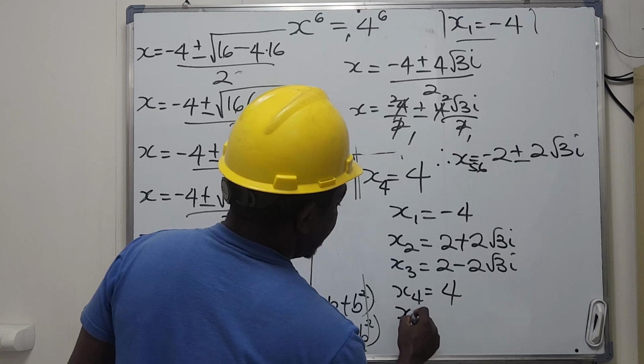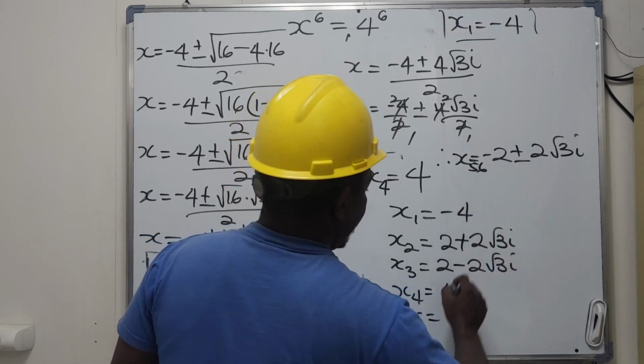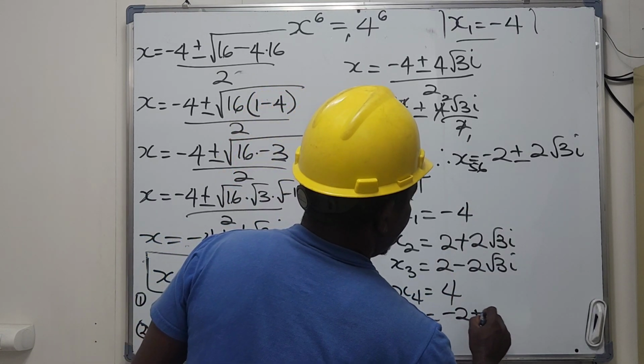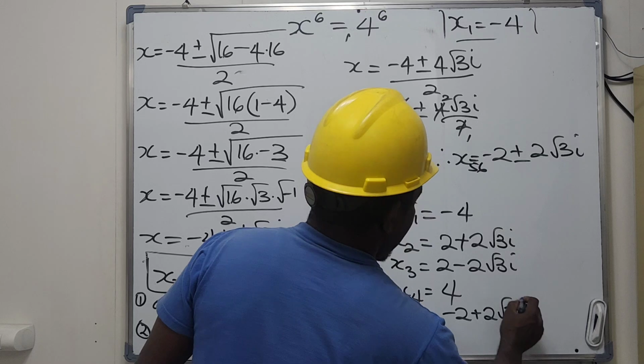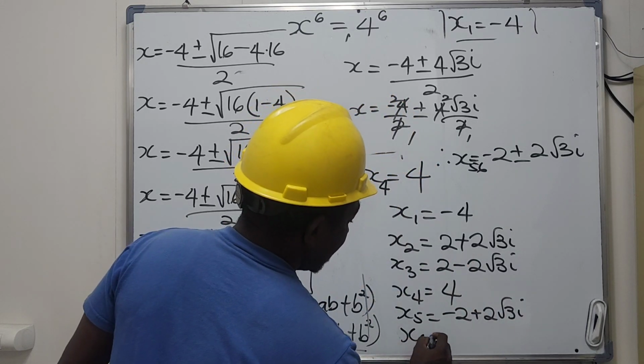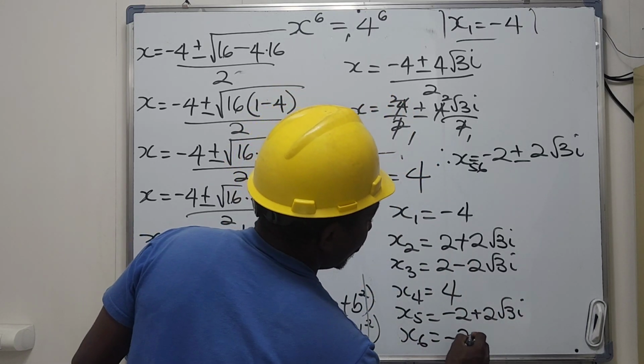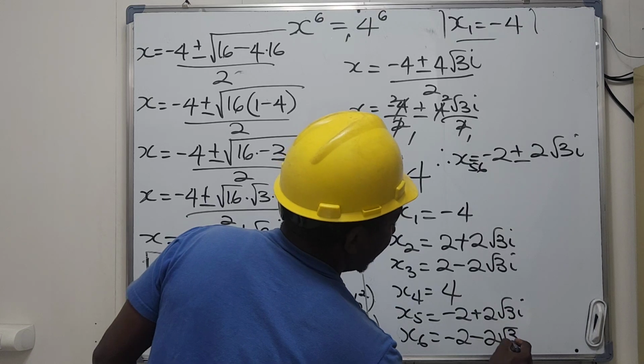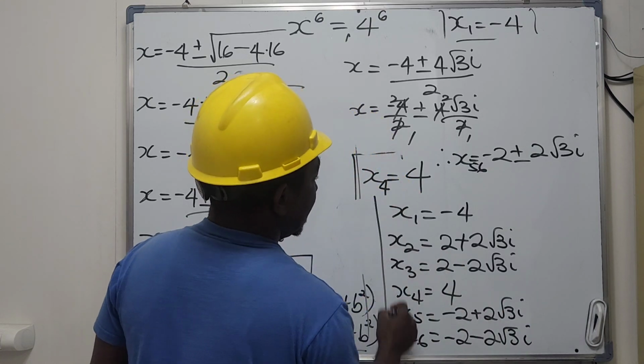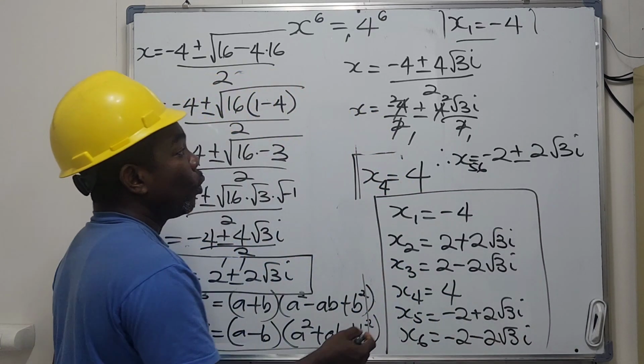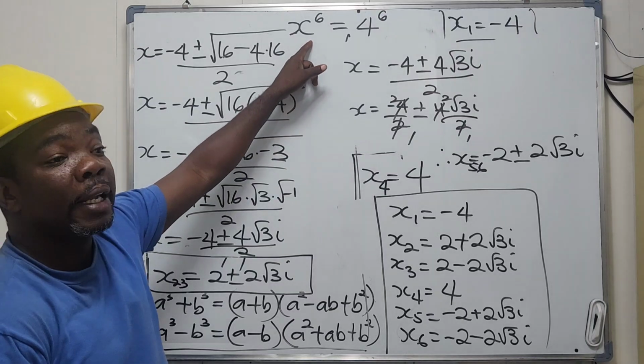Then value of x5 equals, from here, minus 2 plus 2 root 3i. Then value of x6 equals minus 2 minus 2 root 3i. So these are the 6 values of x that we have, and they all satisfy this expression.